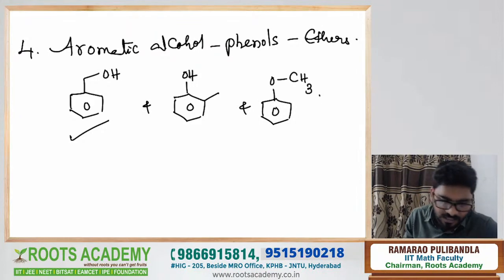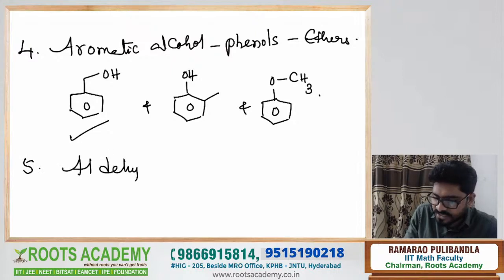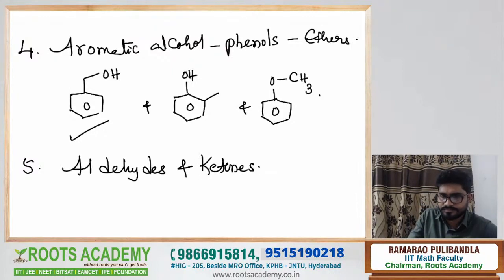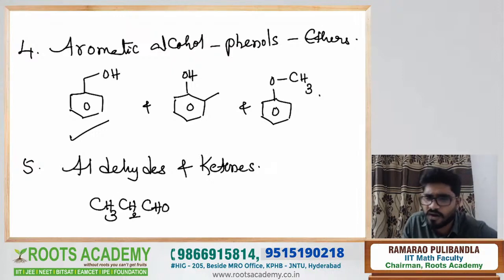Completed up to this. Come to the next point, guys. We can take it as aldehydes and ketones. These are also functional isomers. Please focus here. If we take the aldehydes, what we can take is CH3CH2CHO, propanal.